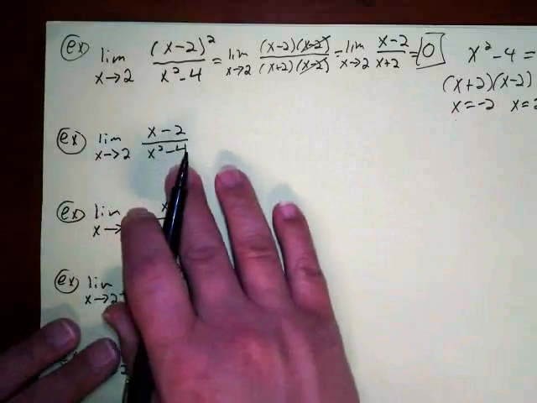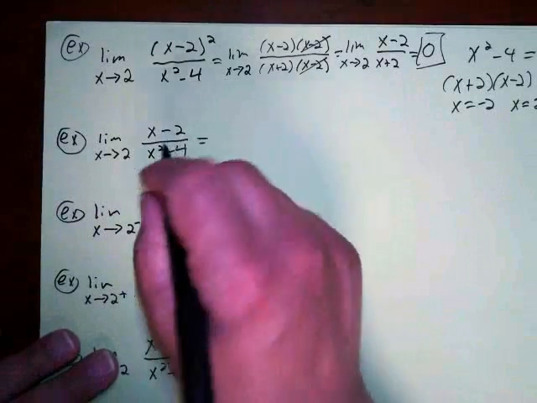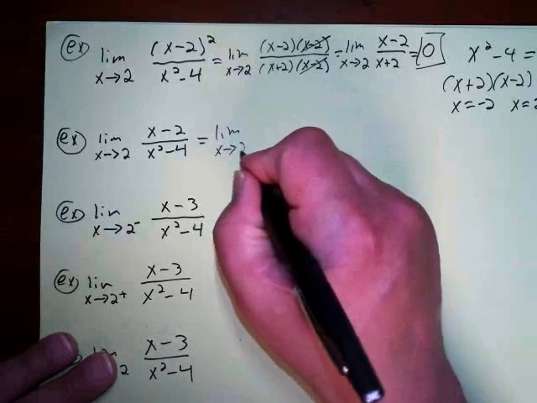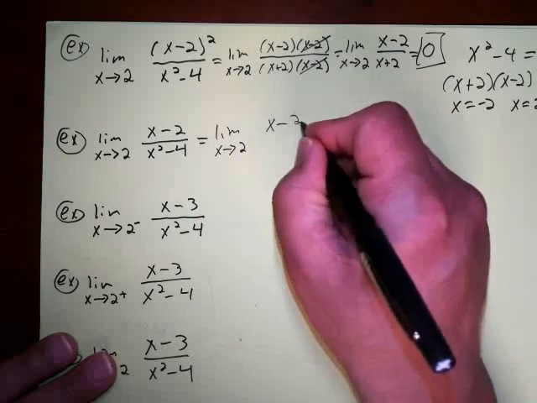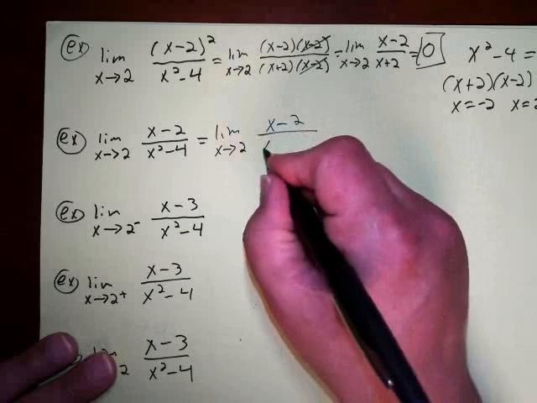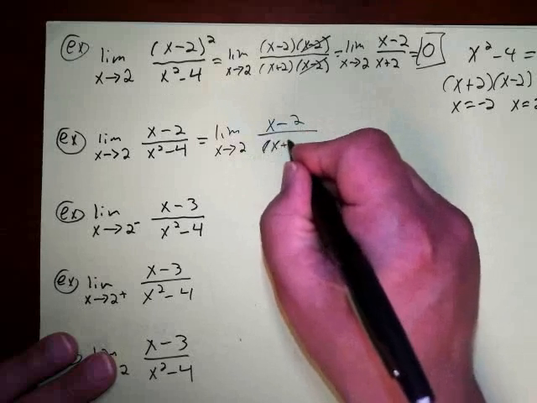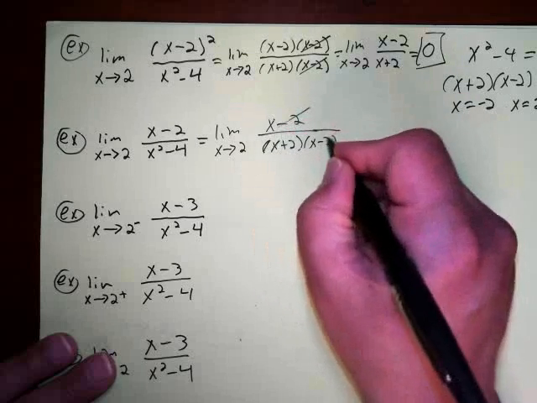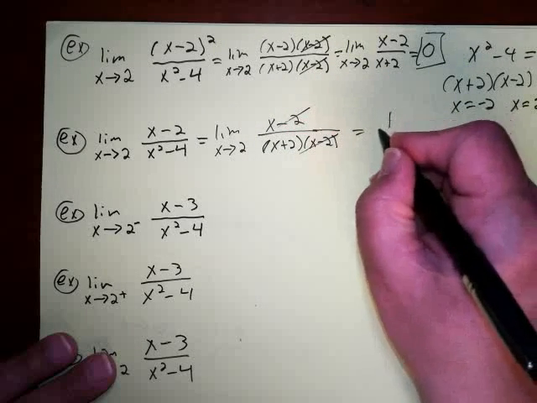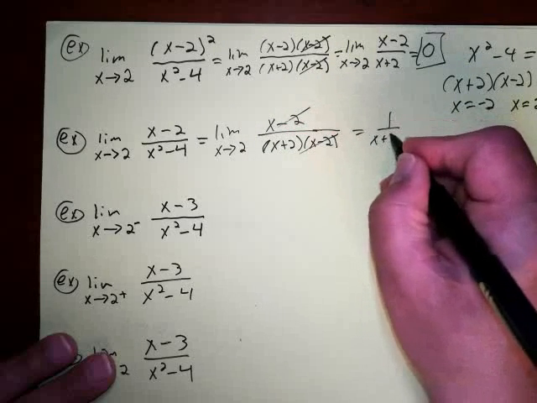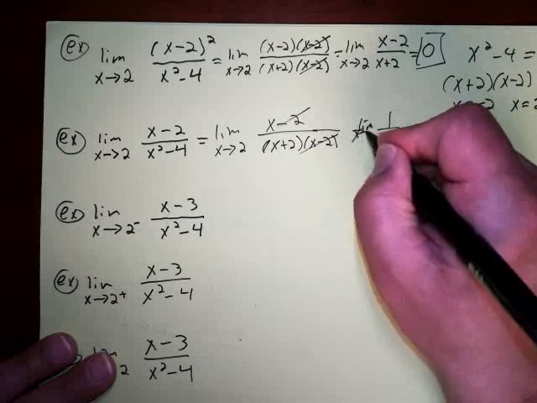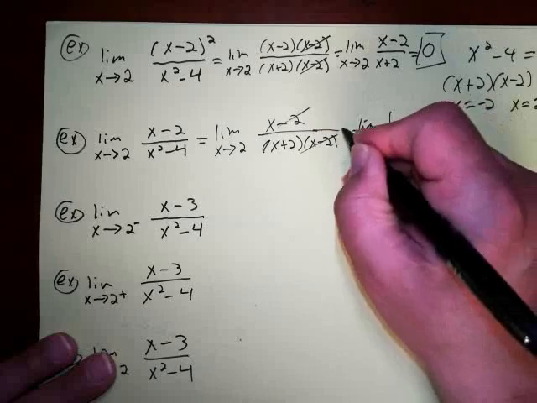So now, what about this one here? Well, this is very similar to the one up above. You would have the limit as x approaches 2, but now you only have one factor of x minus 2, right? And then this would be x plus 2, x minus 2. And then these would cancel out, and you would be left with 1 over x plus 2. Oops, sorry, I should have the limit as x approaches infinity, right?